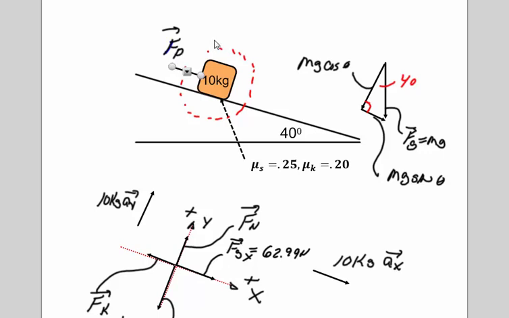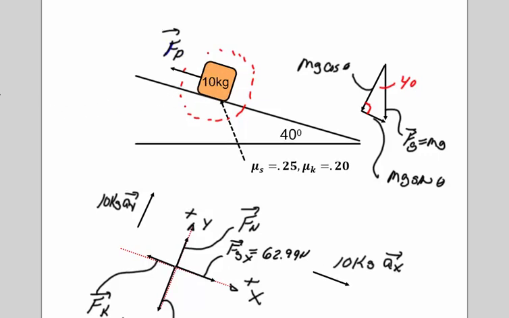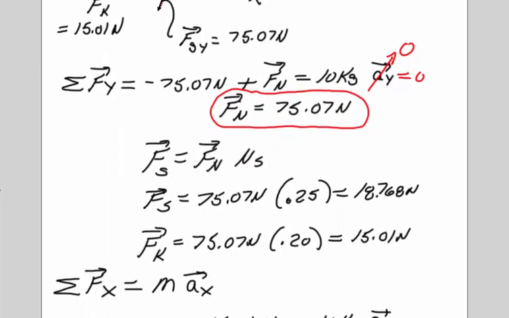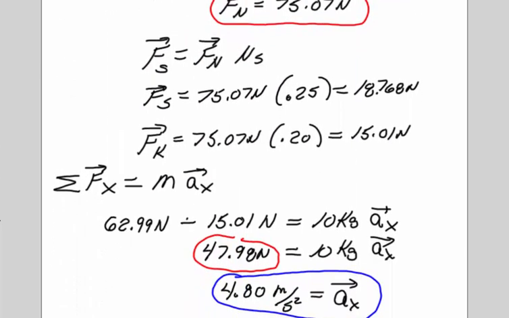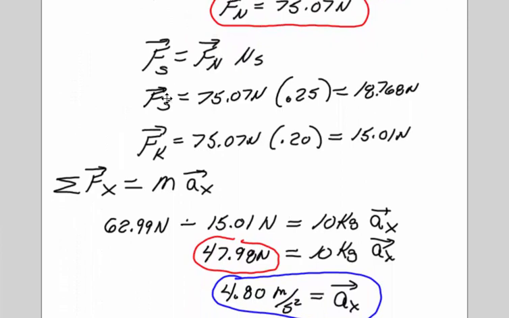Actually, let's back up real quick. Let's do one other thing. Let's determine what force P must be to bring the static friction to 0 so the object is in complete equilibrium. Because remember, the static friction value that we applied, that's a maximum value. I don't have to go that big. I mean, it can go a lot smaller than that.